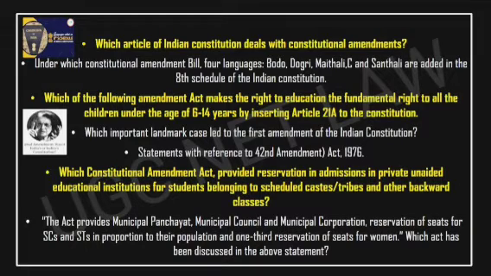Answer is the 93rd Constitutional Amendment Act 2005, which provides reservation for the socially and educationally backward classes besides the scheduled castes and scheduled tribes in private unaided educational institutions.